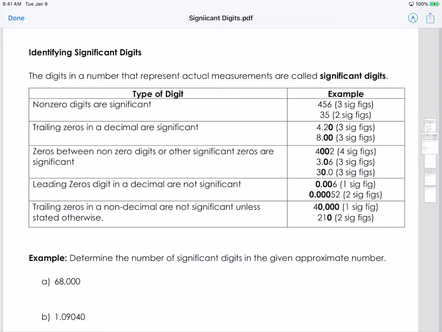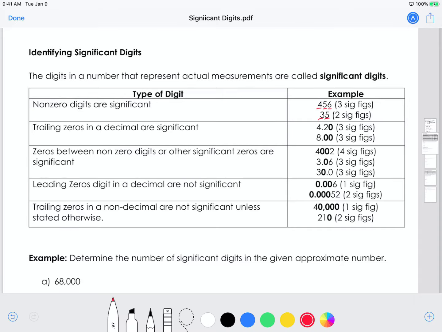And we have some rules for being able to identify which digits are significant. Trailing zeros and a decimal are significant. And what we mean by trailing zeros and a decimal are the ending zeros to the right of the decimal place. So these are considered significant because it tells us something about the accuracy of the measurement being made.